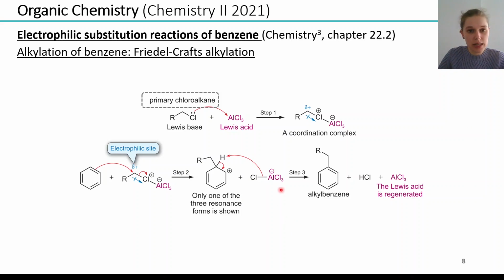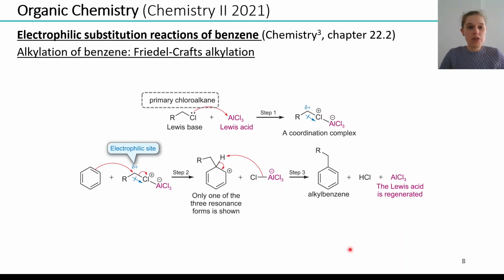Then, in the third step, this non-aromatic carbocation gets deprotonated, and hereby we generate an alkyl benzene molecule where the aromaticity is regenerated. We also produce hydrochloric acid and regenerate the Lewis acid catalyst, our aluminum trichloride.